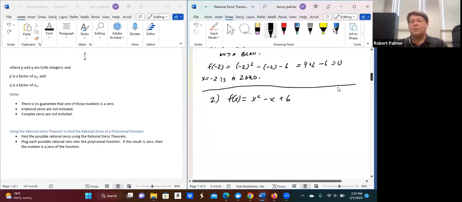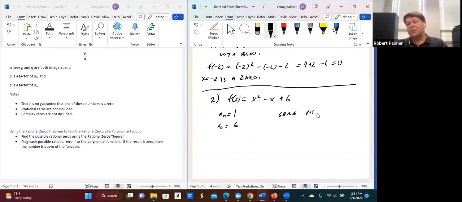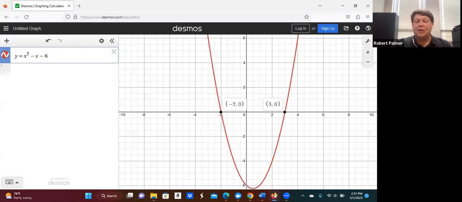Now this one, if you notice, would actually have the same... So here, my a(n), the number in front of my leading term, is 1. A(0), the constant term, is 6. This would have the same possible zeros as the problem for number 1. But let's actually graph it. I think we're going to see that actually none would be.